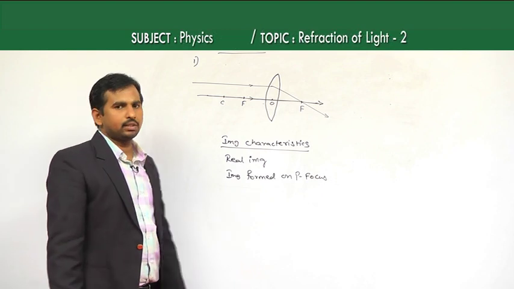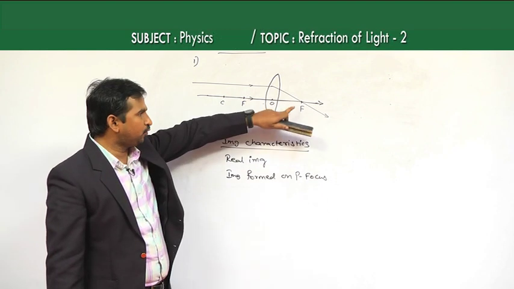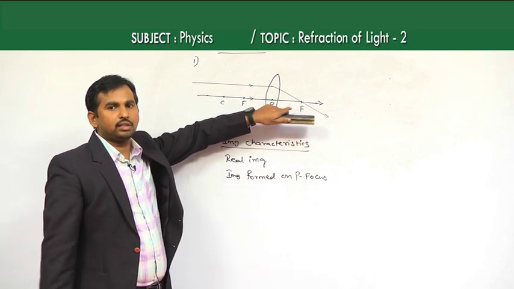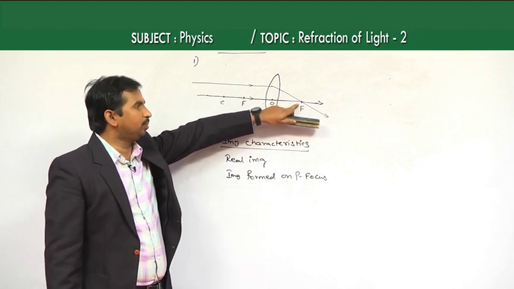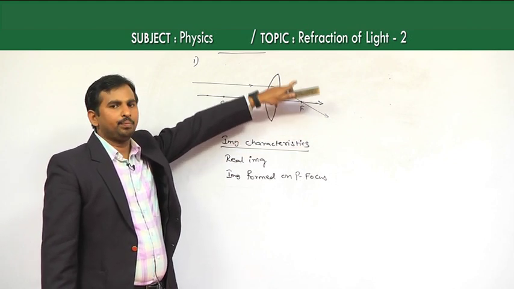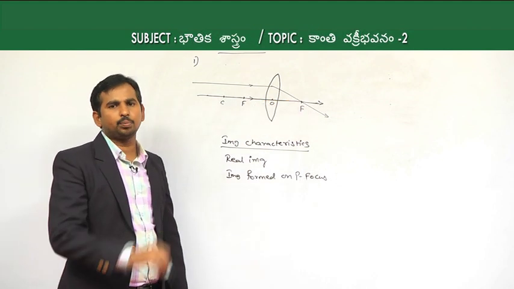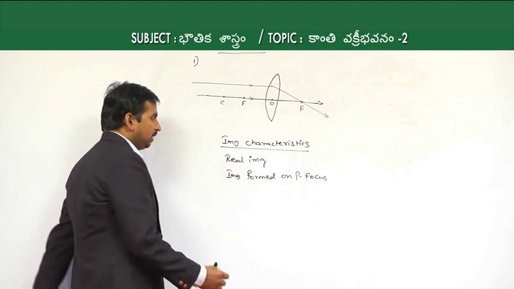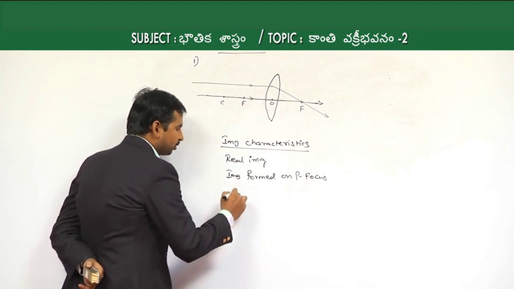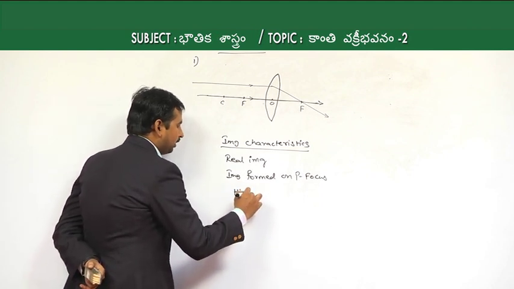Okay. And the next one here, the image size. As I said, how to take the size is, we have to take from the meeting point up to the principal axis. But here already that meeting point is on the principal axis. So, that is why here we have to take its size as highly diminished.